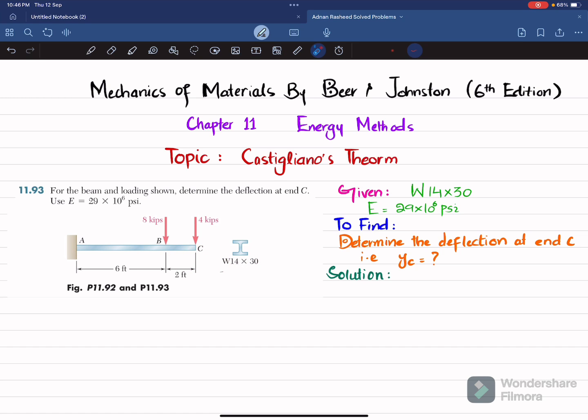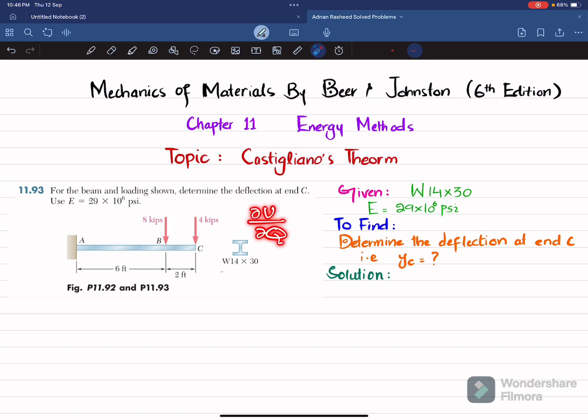So we will apply Castigliano's theorem, which states that the deflection at any point, due to a force, can be found by using the partial derivative of total strain energy with respect to that force.